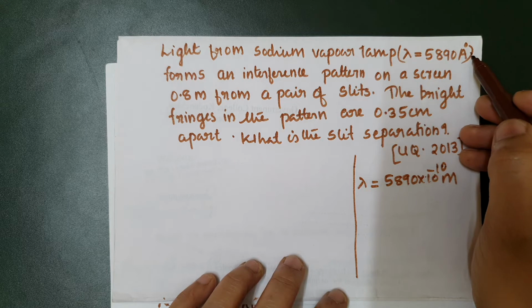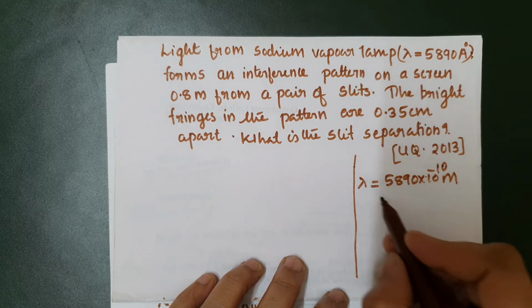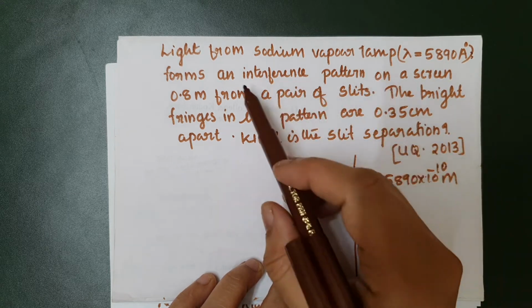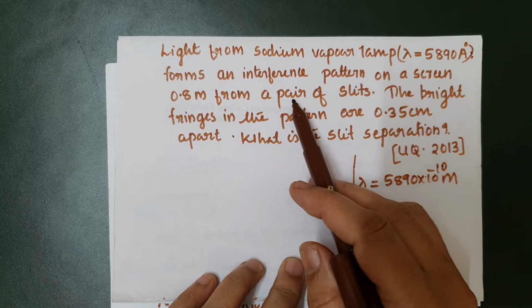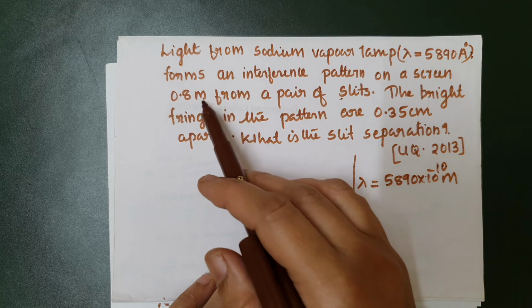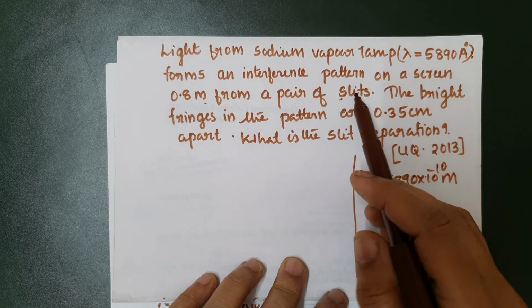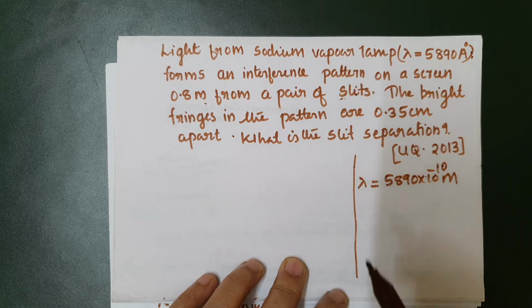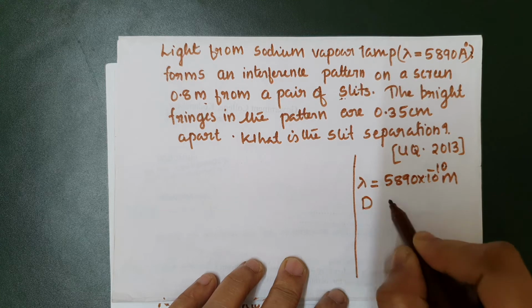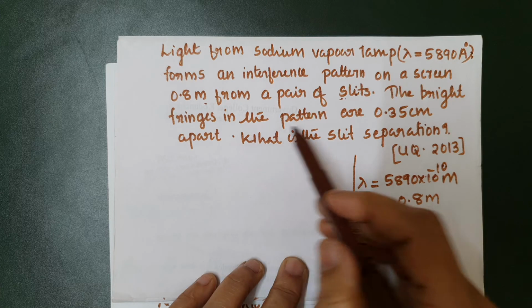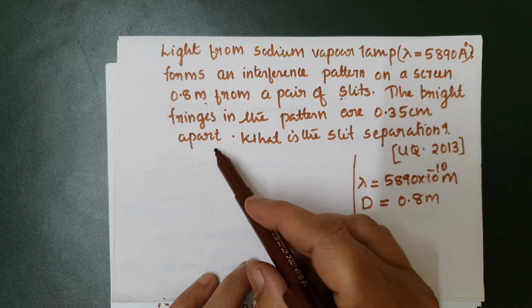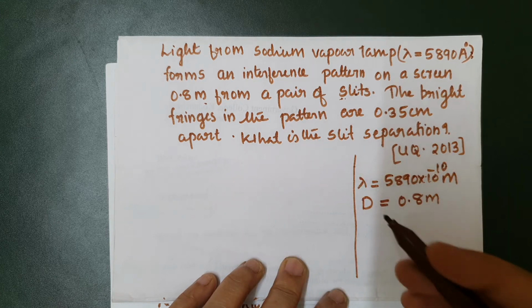1 angstrom is 10 raised to minus 10 meter. And the interference pattern forms on a screen which is at a distance 0.8 from the slits. The distance between the slit and the screen is capital D, 0.8 meter. And the bright fringes in the pattern are 0.35 centimeter apart, that is one bright fringe and the next bright fringe.